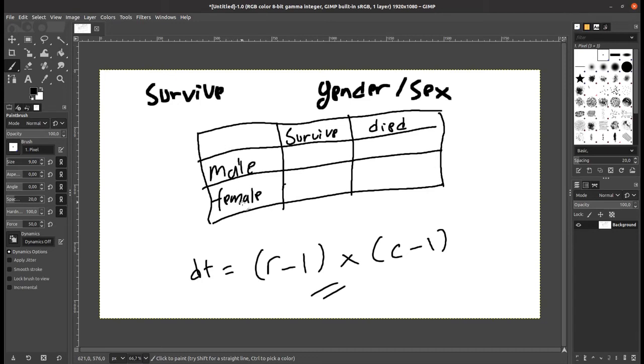So the row here is here and the column here is here, survive or die. And because we only have two rows, it will be like this. This is equal to 1.